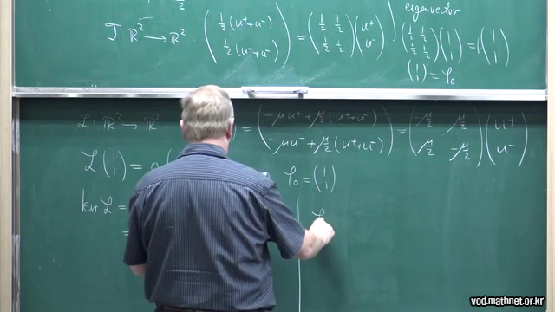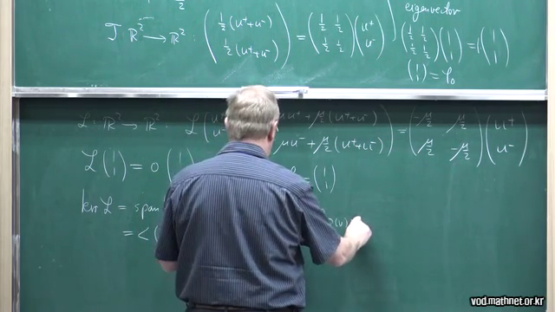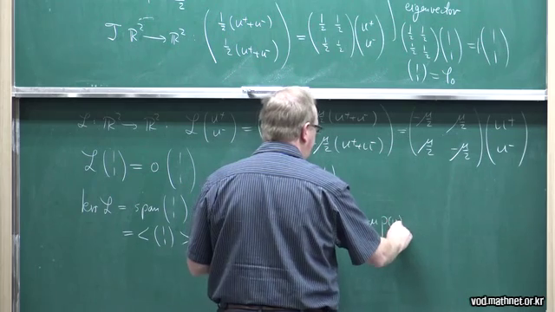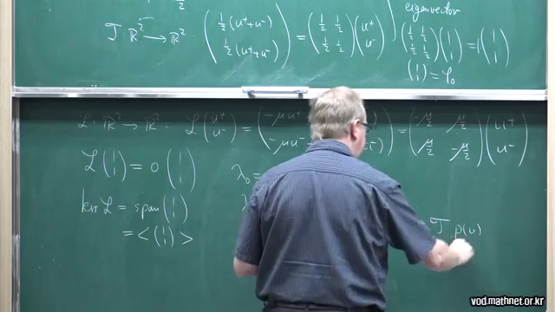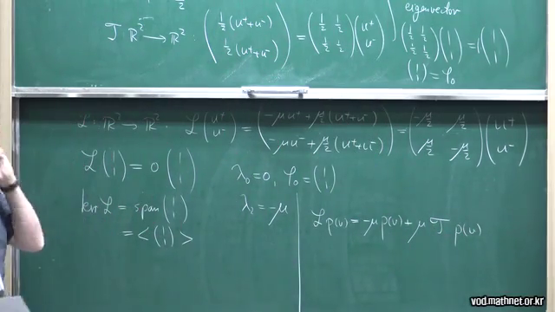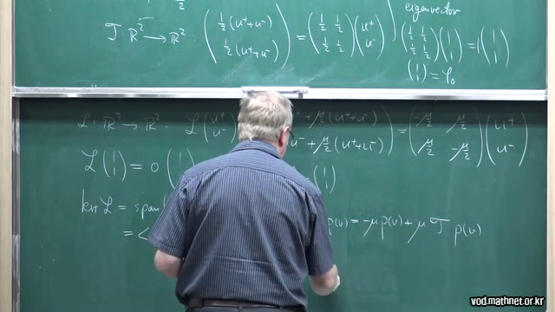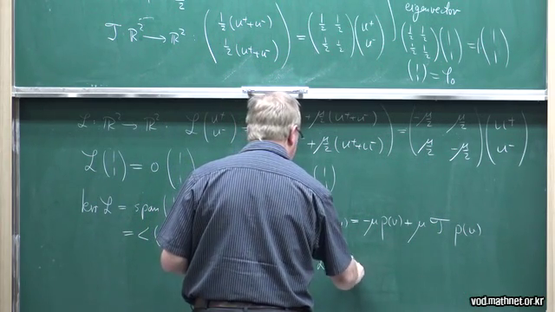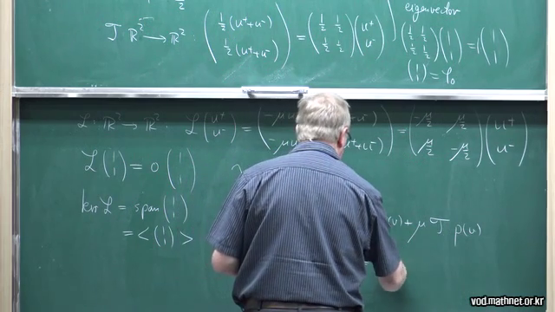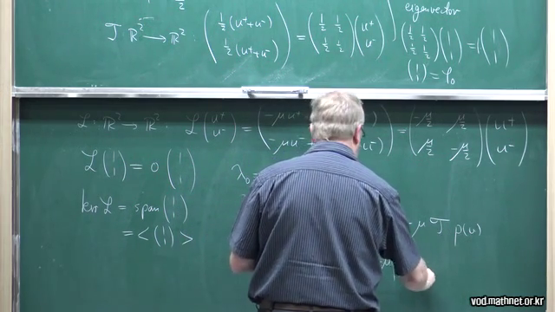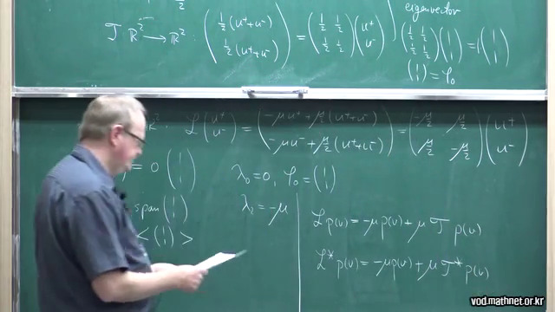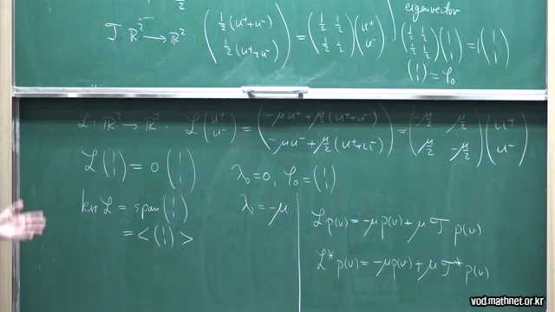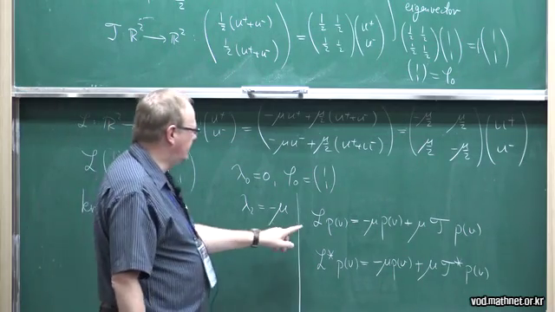So in the general case, we define L of P of V to be minus mu P of V plus mu times the integral operator, the curly T, applied to P of V. And again, we need the adjoint just because it's so much fun to take them both: minus mu P of V plus mu T star P of V. Now we know the spectrum of T and of T star, so it is not so difficult to find the spectrum of L and L star.